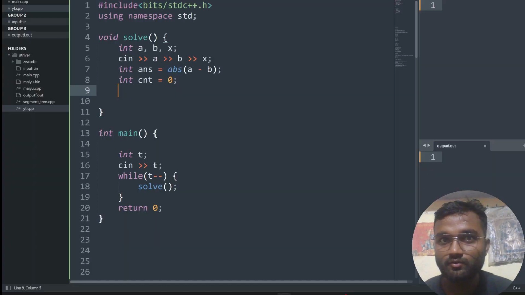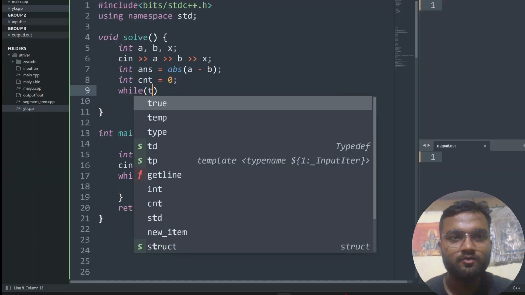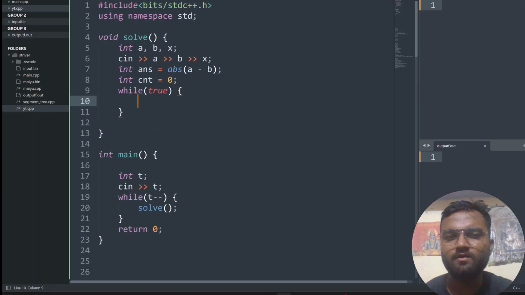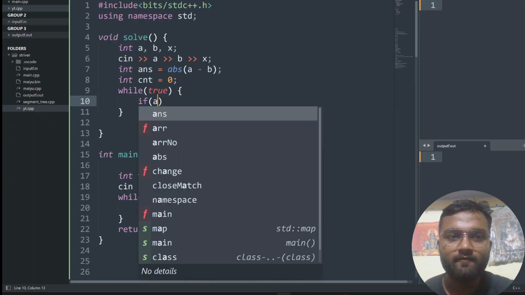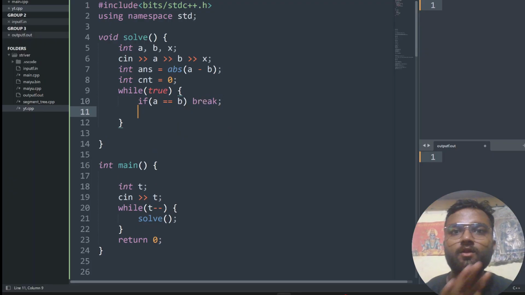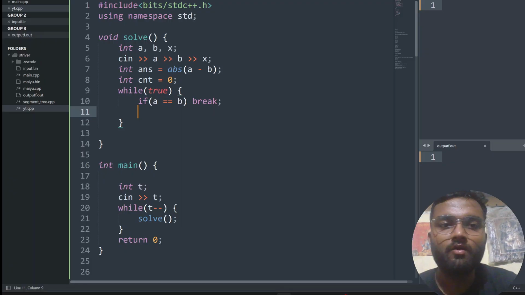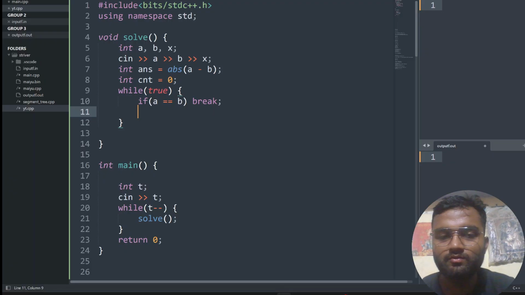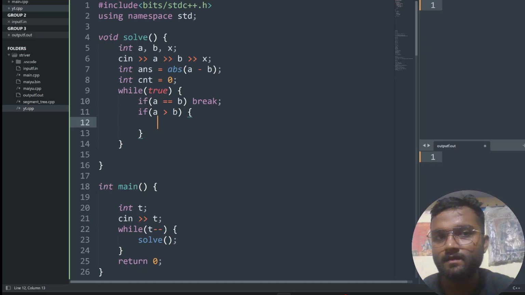So we have to do this continuously, so we will run a while loop. We will run this while loop until a and b are equal. Whenever a and b are equal, we break the loop. Now, whichever is greater: if a is greater than b, then I will divide a.